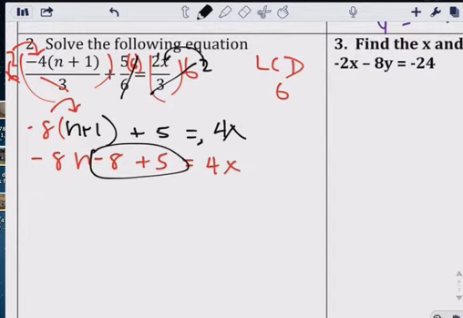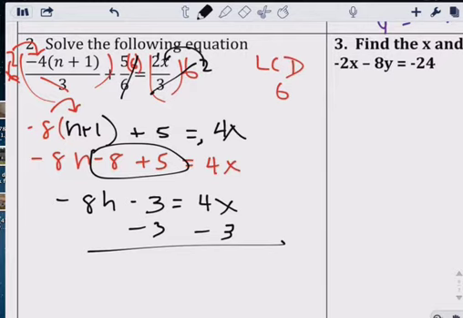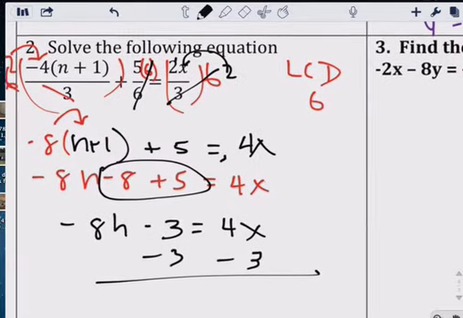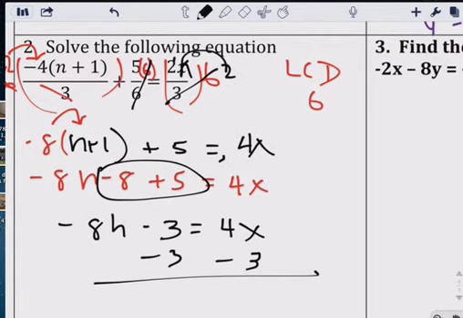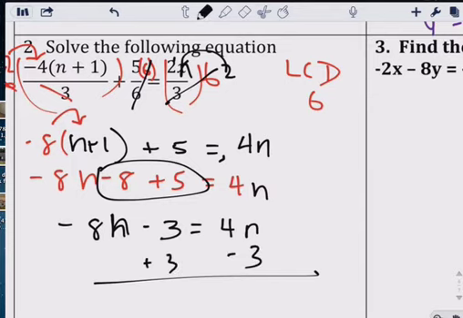Combine this like term together, be careful here, that's a -3. Oh, I didn't keep the same variable, I'm so sorry. Let's make this n. Oh my god, I didn't even realize it. Let's make it n, not x, turn it to n. Not like an h, it's an n. Okay, we cannot take away the 3, because it's not like the 4n. We can't combine, we just leave the same thing alone.